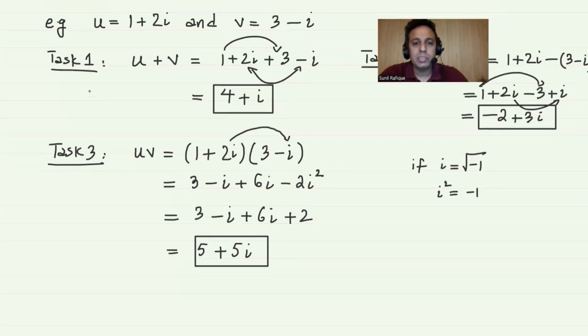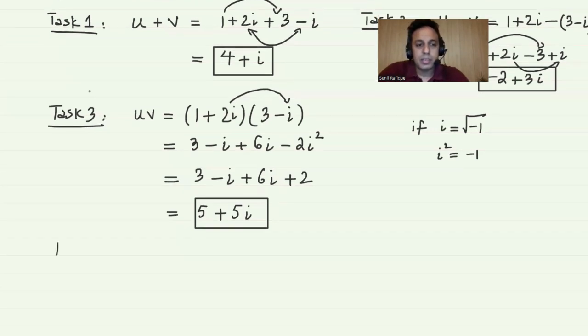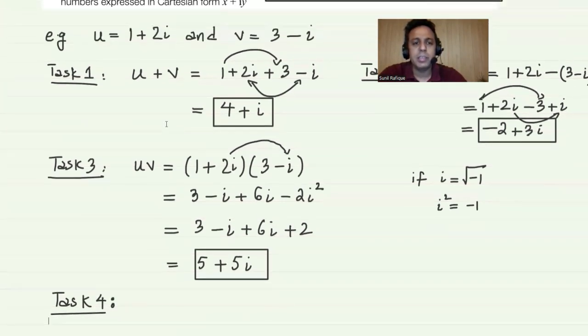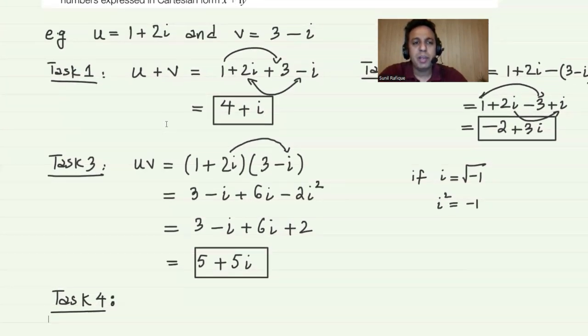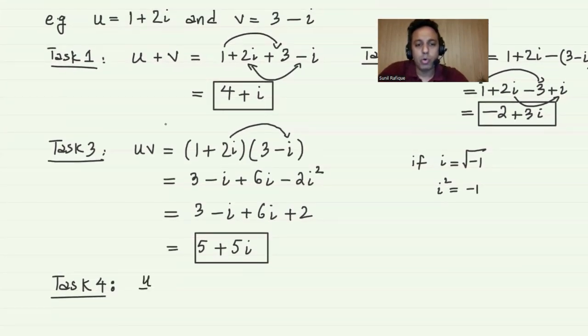Keep noting down. Task 4. This is by far a little harder than multiplying, adding and subtracting. You'll see why. If I want to do u over v, that's 1 plus 2i over 3 minus i.